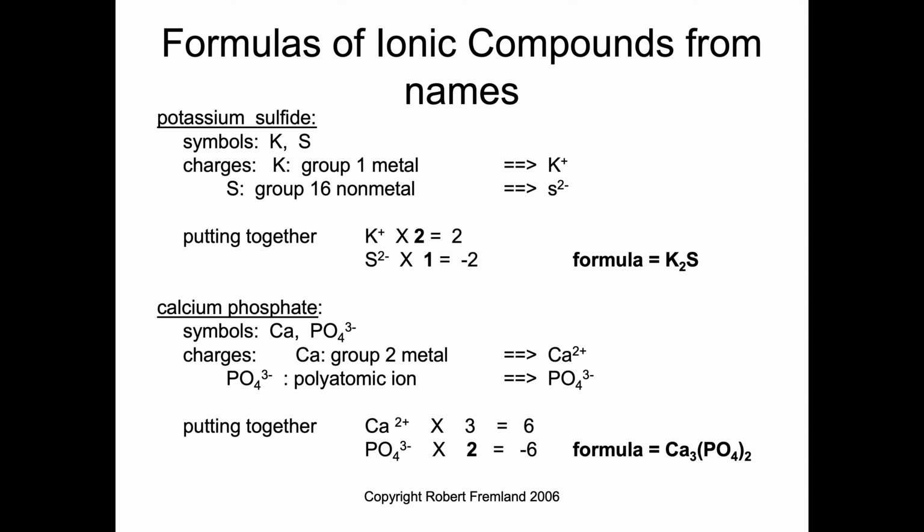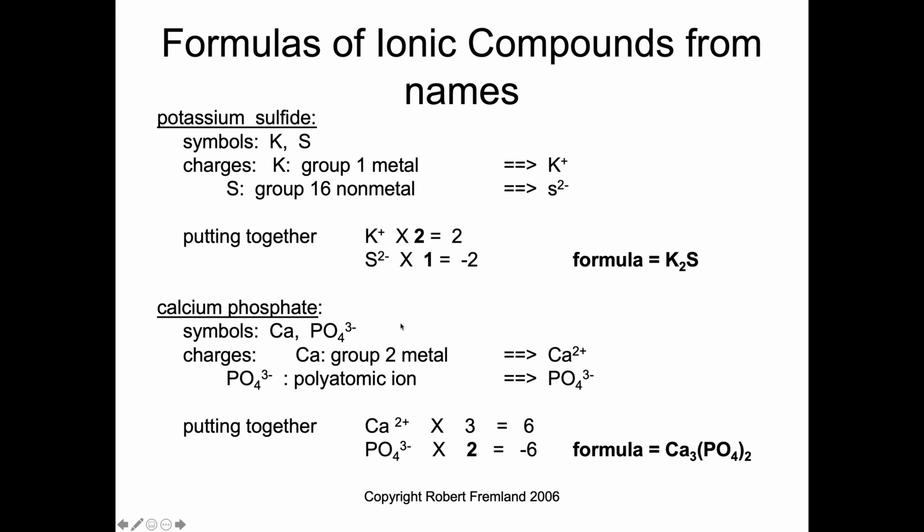Feel free to review the slides for each step. To put them together, we make the charges cancel. We need 2 potassiums and 1 sulfur, so the formula will be K2S. Always write the positive ion first; the order of the name is the order of the symbols.